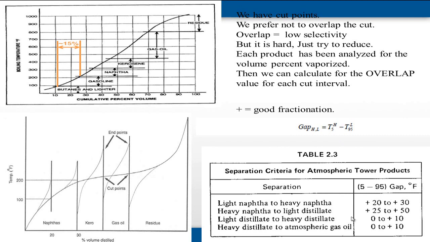Well, when we talk about the gap, what I mean is the difference between the temperature at 5% of the heavier cut and the temperature at 95% of the light cut. So the gap is equal to the temperature of the heavy cut minus the light cut. If the number is positive, it means we have a good fractionation system.